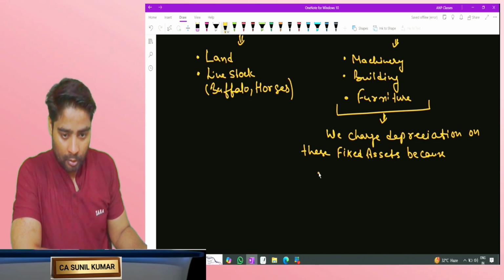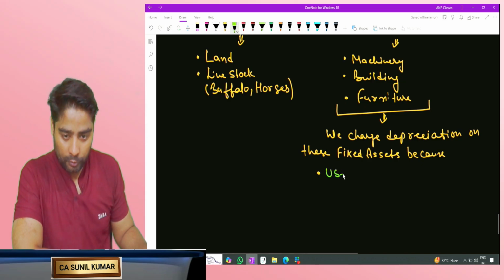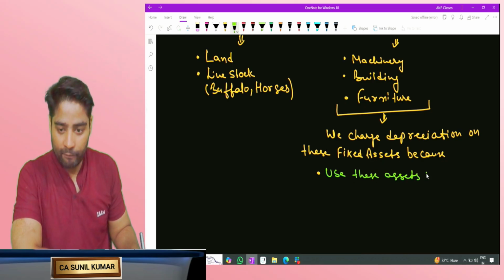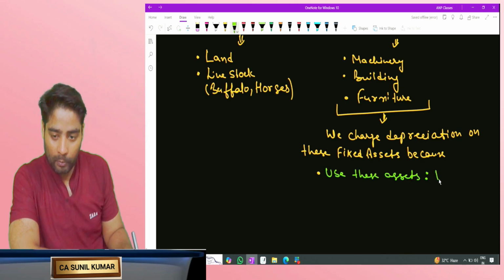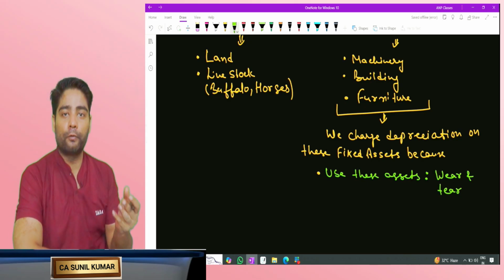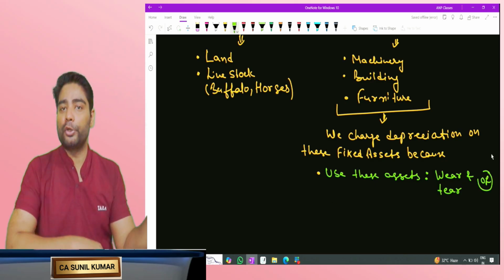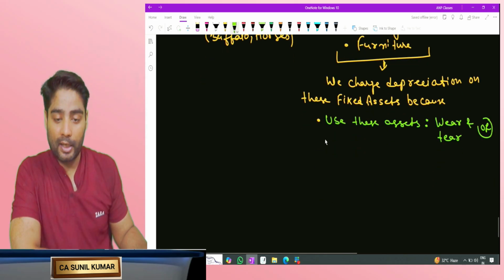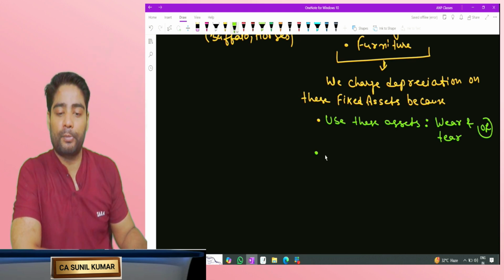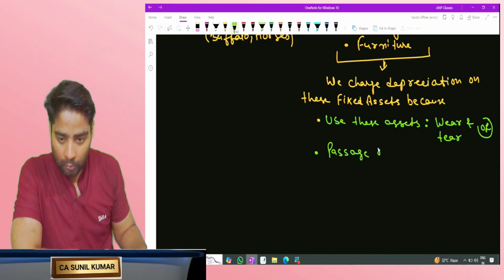Because we use these assets, and when we use these assets there will be normal wear and tear, toot foot. Or if we are not using that asset, still we have to charge depreciation due to passage of time.